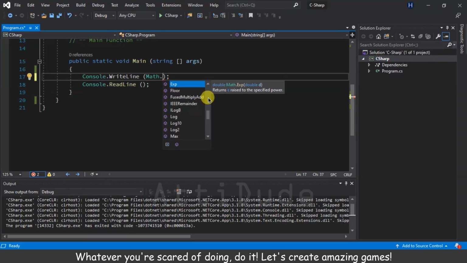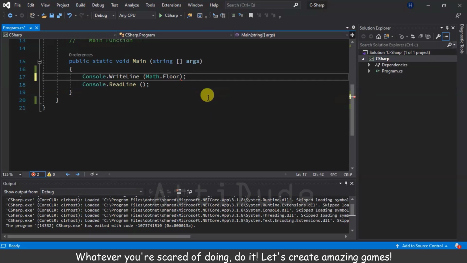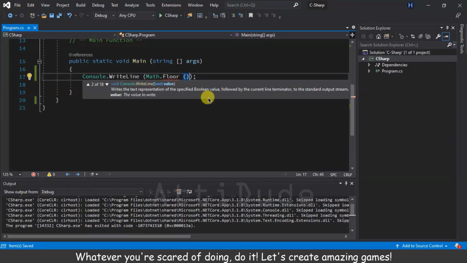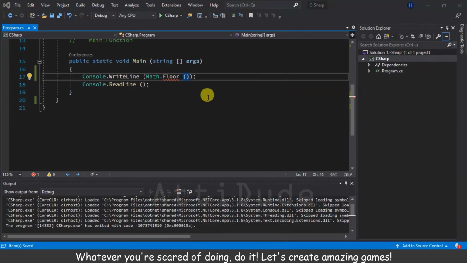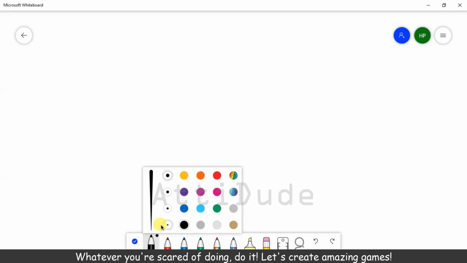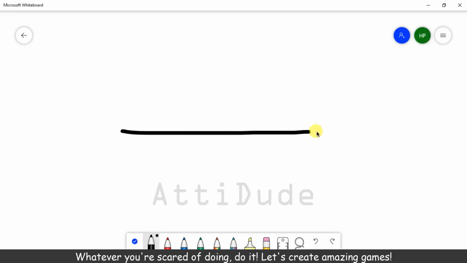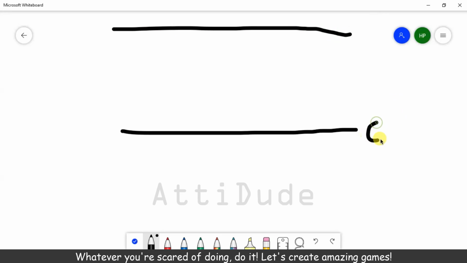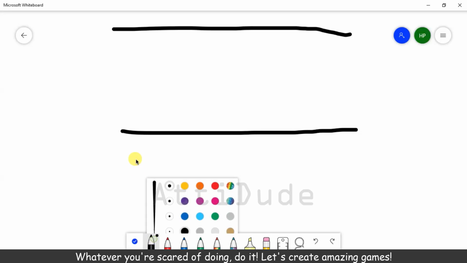Let's look at rounding, flooring, and ceiling numbers. Let's just first look at floor. What actually is floor? First, open up Microsoft Whiteboard to help you understand how the whole thing works. Let's just say we take a pen. We have two of these. This is 0. It's going way too big.